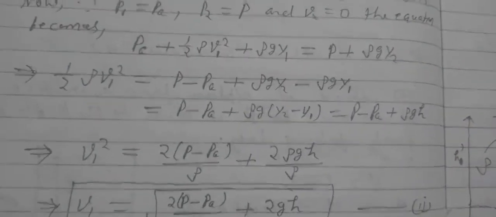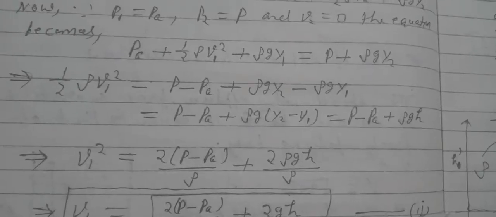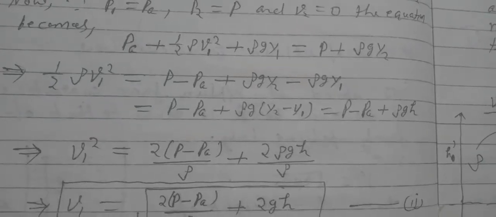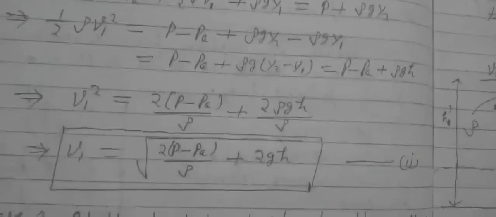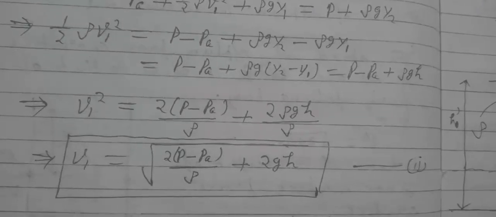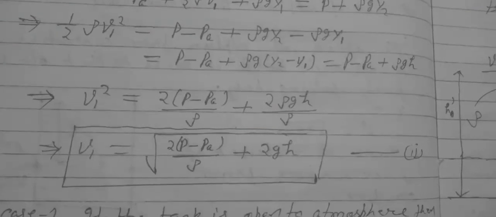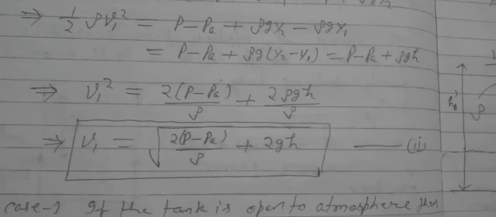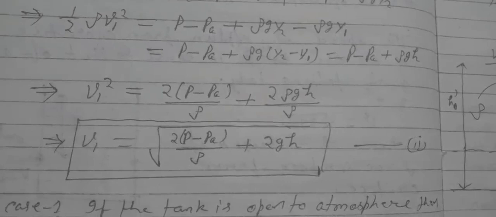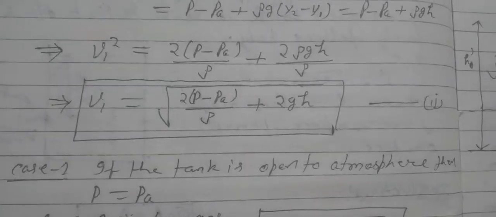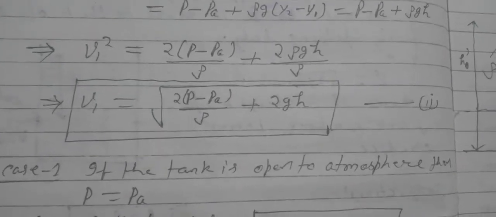This implies 1/2 ρV1² = P - Pa + ρgy2 - ρgy1 = P - Pa + ρg(y2 - y1) = P - Pa + ρgh. This implies V1² = 2(P - Pa)/ρ + 2gh. Hence V1 = √(2(P - Pa)/ρ + 2gh). Equation 2.